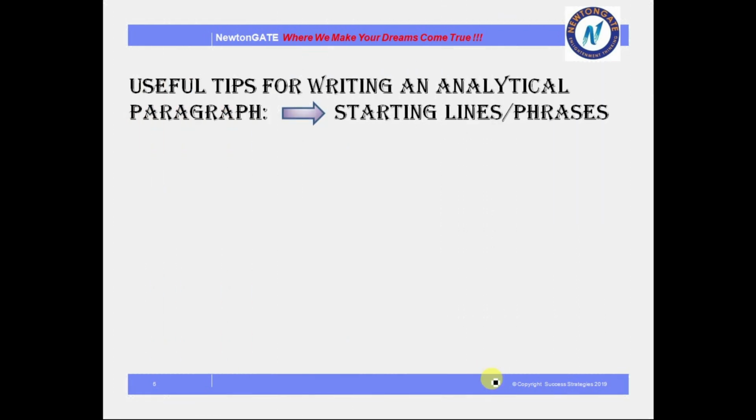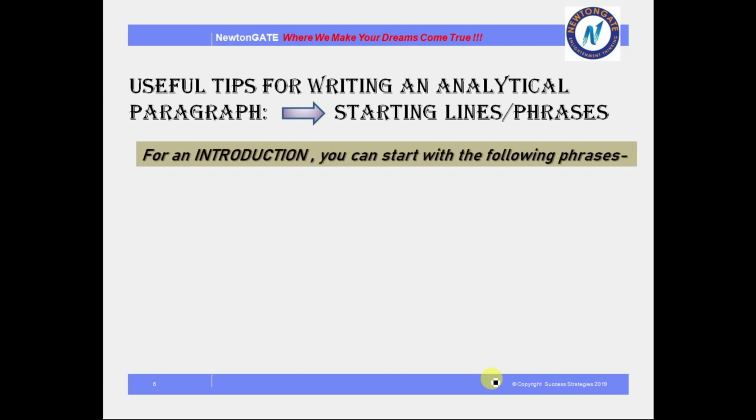Next, useful tips for writing an analytical paragraph. As I told you, I will be mentioning some of the starting lines or phrases that you can use in the analytical paragraph. For an introduction, you can start with the following phrases.